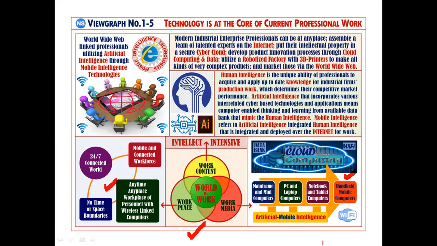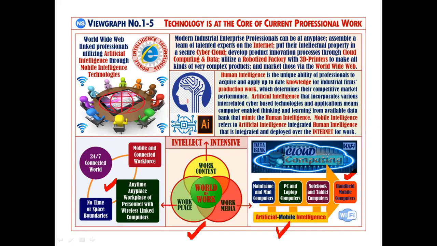But interestingly, our computations are done in the cloud. We don't do the computations in our phones or our computers. They're all done there because the cloud can store a lot of big data and we can do a lot of calculations. Using Wi-Fi, we connect to get what we nowadays call artificial mobile intelligence. So what is the work content?